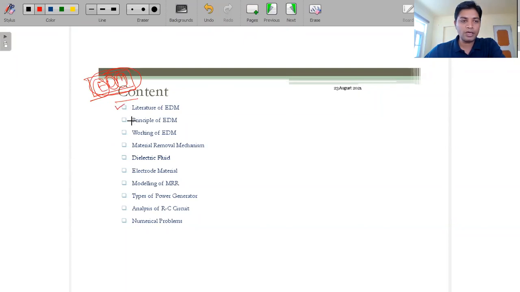So these are the things that we are going to study. First of all, I will brief you about the literature, how this process came into existence. Then we'll discuss the principle and the working part. Then we will discuss the material removal rate, how the material removal takes place in this EDM process.